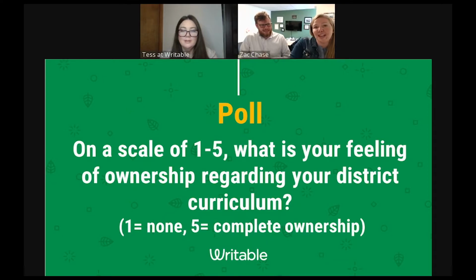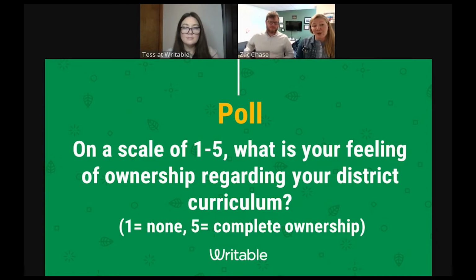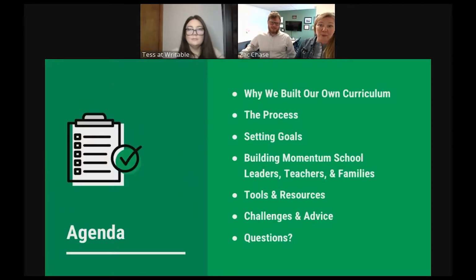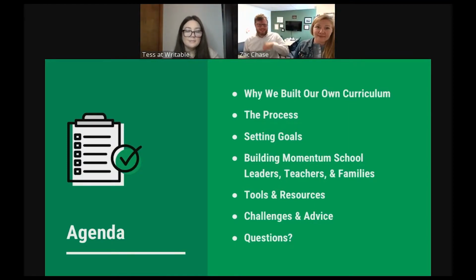Hopefully we can provide some definition to what we mean by this as we jump further into our conversation today. But it's really helpful to know that we're a broad spectrum of people defining ownership around our curriculum. So what we're going to talk about today, I'm going to take the first 3 bullet points.